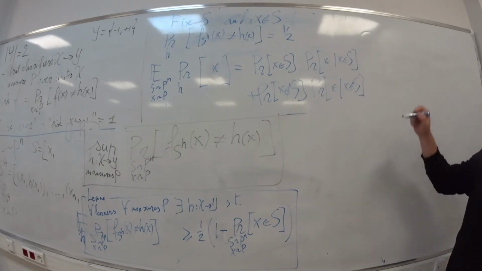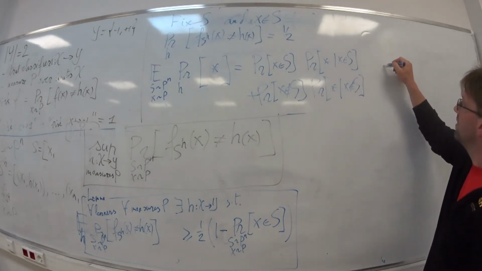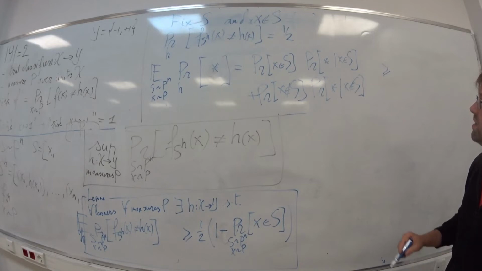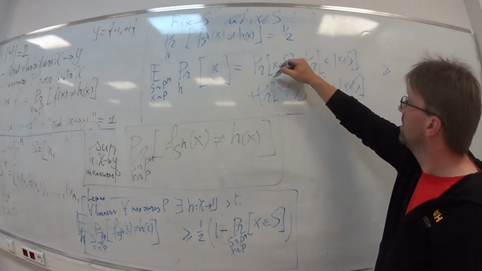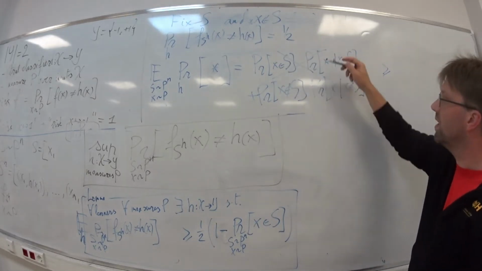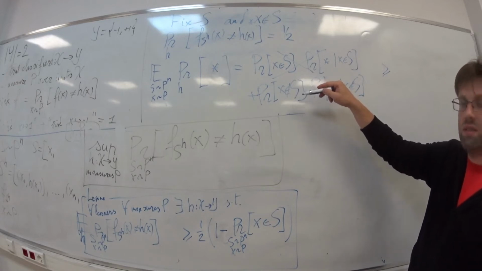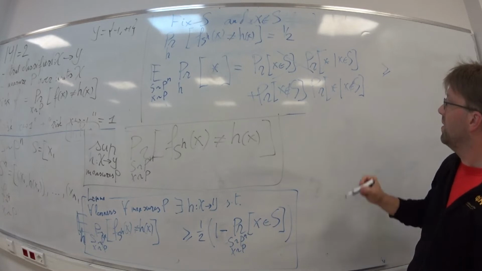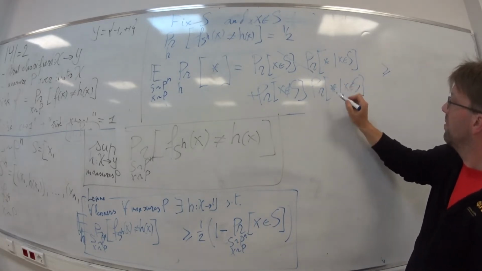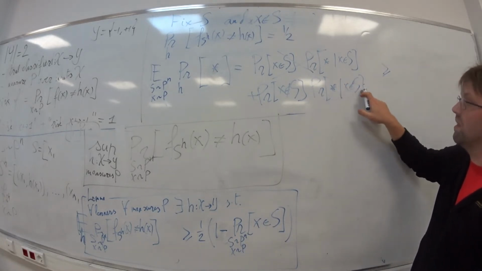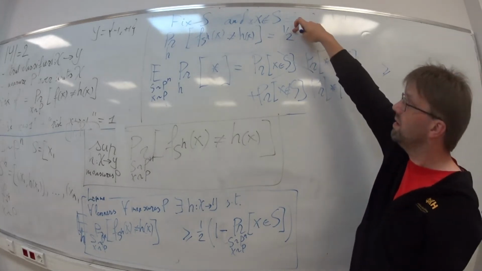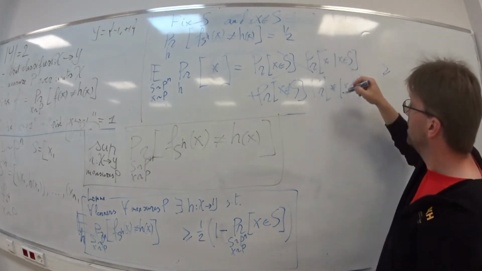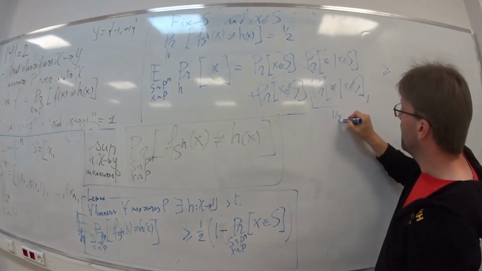Now let us drop the first term, so we get a lower bound. And we know that the probability of star given x is not in S is precisely this probability, which is equal to 1/2.